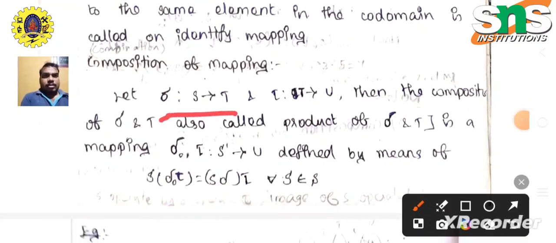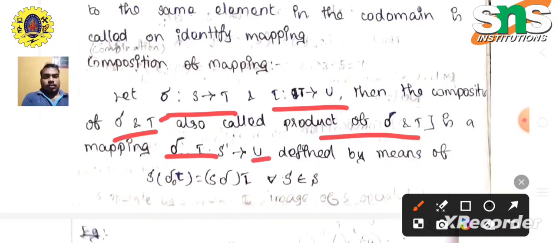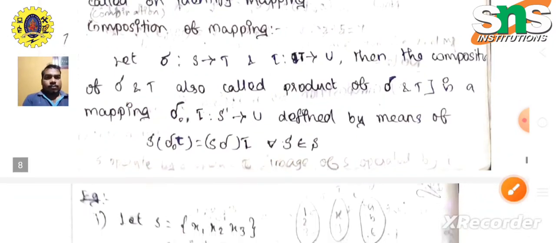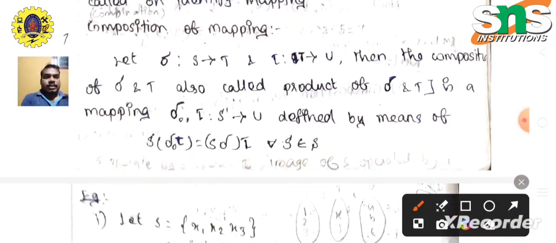That is, sigma from S to T, tau from T to U. Then the composite of sigma and tau is also called the product of sigma and tau. It is a mapping sigma dot tau from S to U, defined by s of sigma dot tau equal to the image of s sigma into tau.